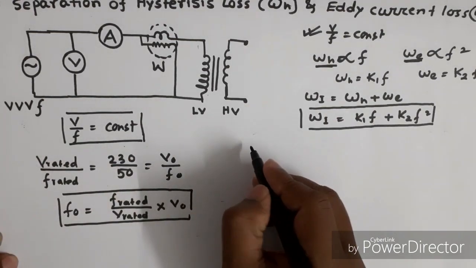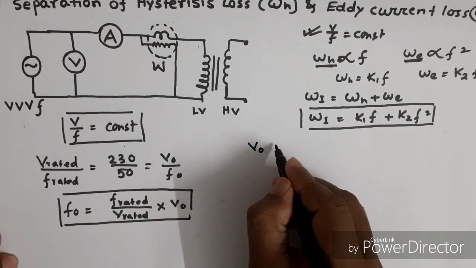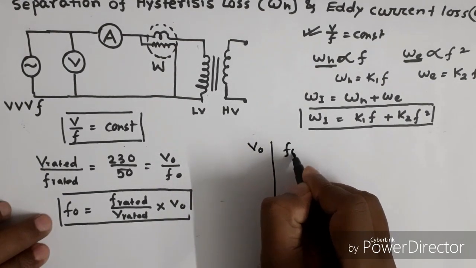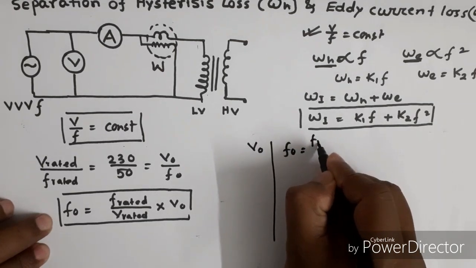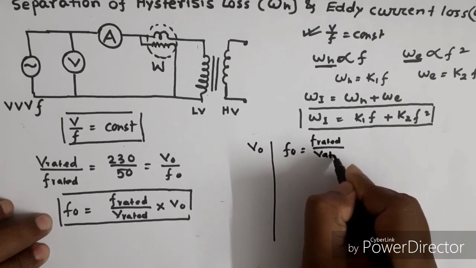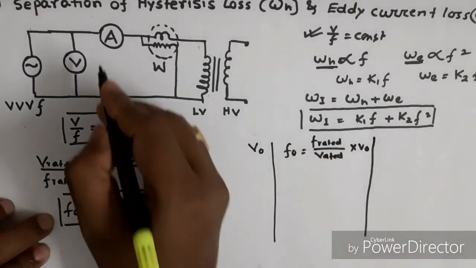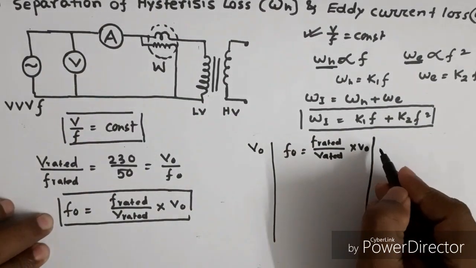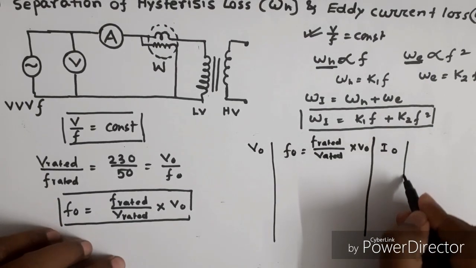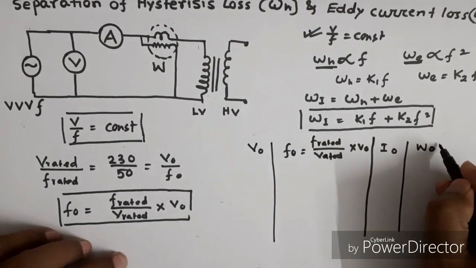At this instant, let the voltmeter reading be V0, the frequency F0 can be easily calculated by F rated by V rated into V0. Let the ammeter reading be I0 and wattmeter reading W equal to W0.